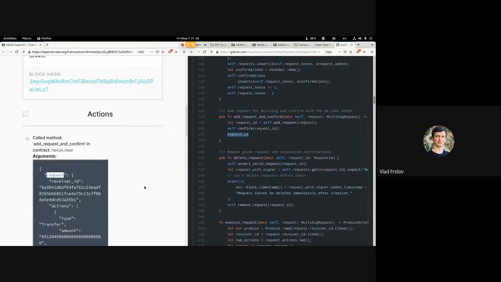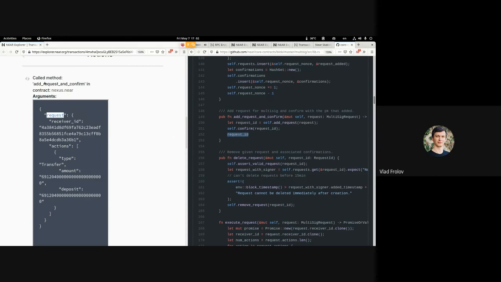So add request and confirm is a method name on the contract. Here is the request. Multisig request has a receiver and actions, a vector of actions. So here is the receiver and vector of actions.